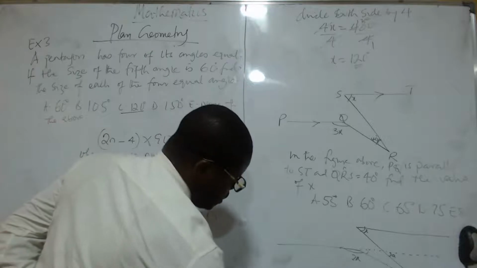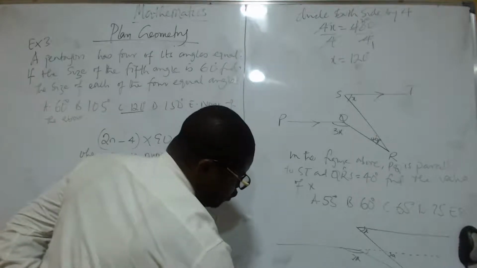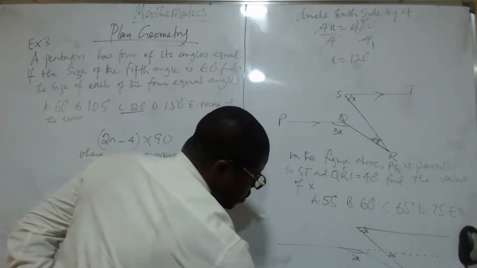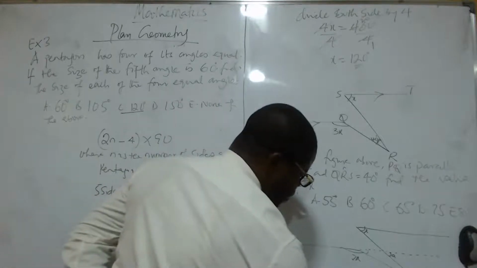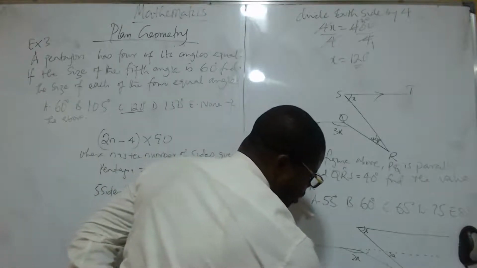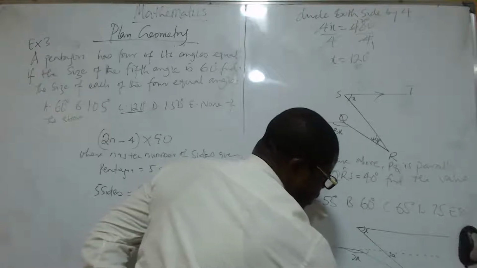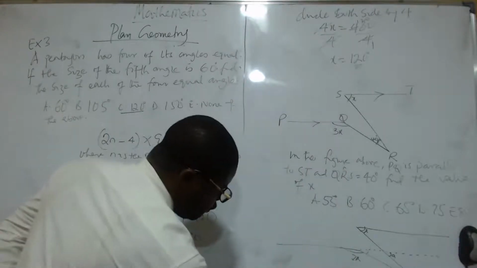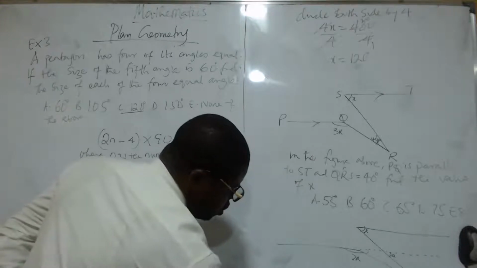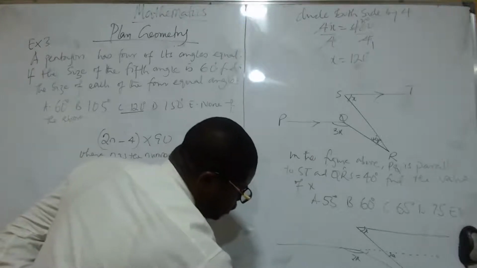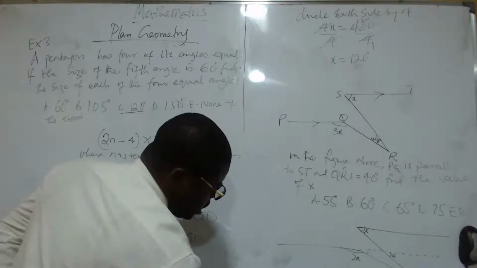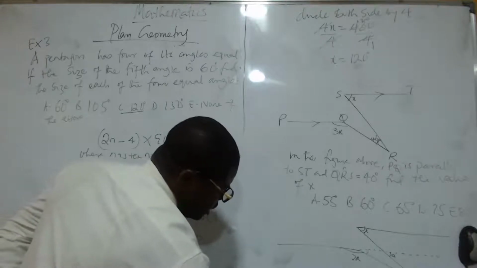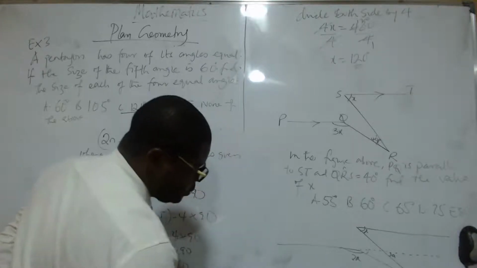Plus x minus 40 equal to 180. Reason: we have sum of angles in a triangle. So I have 4x equals 180 minus 40. So we have 4x equals 140.